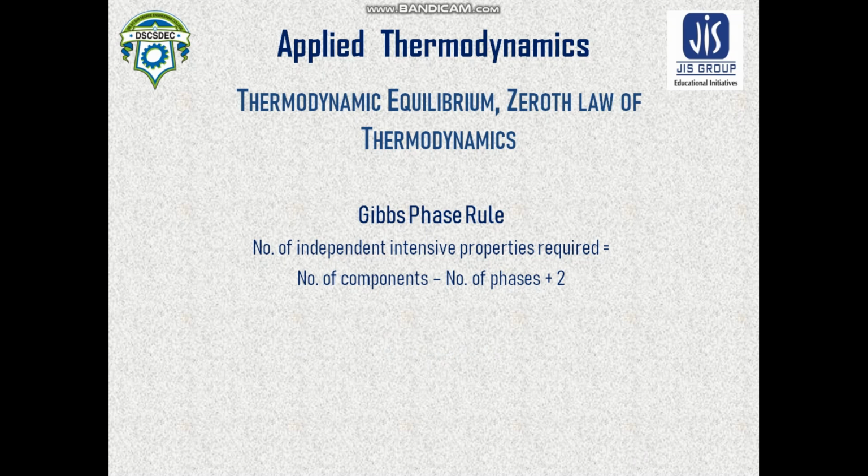From the information of the Gibbs phase rule, we have understood that when the number of components is 1 and the number of phases is also 1, then the number of independent intensive properties required is 2.